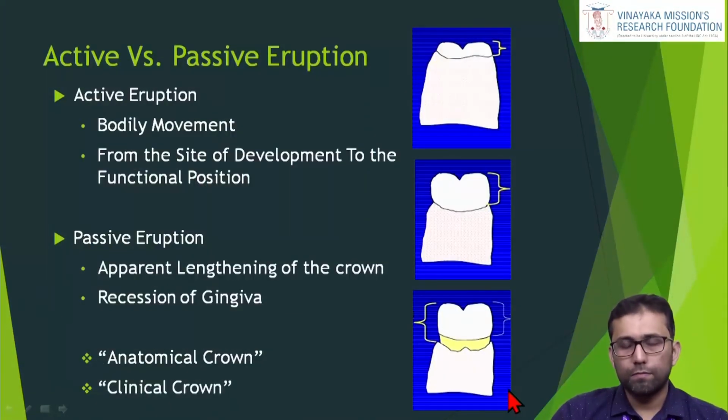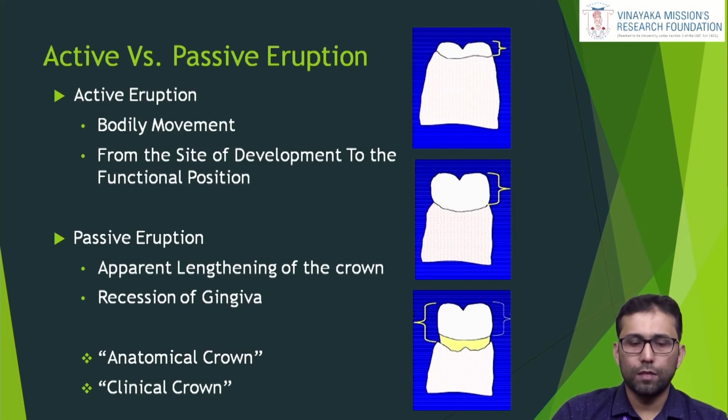Now when you deal with the eruption and post-eruption, there are three terms that I would like to explain: active eruption, passive eruption, and along with that the anatomical crown and the clinical crown. First, active eruption is the bodily movement of the tooth from the site of development to the functional position.